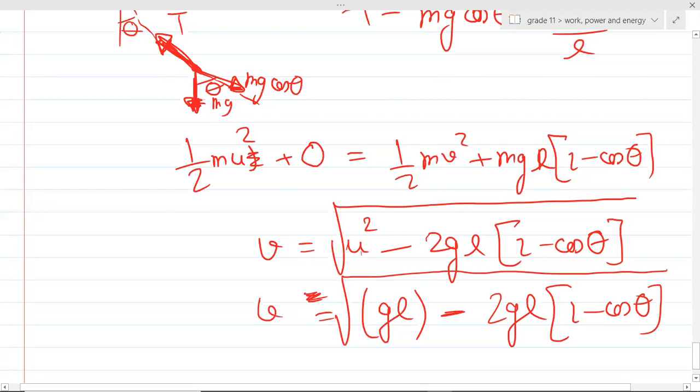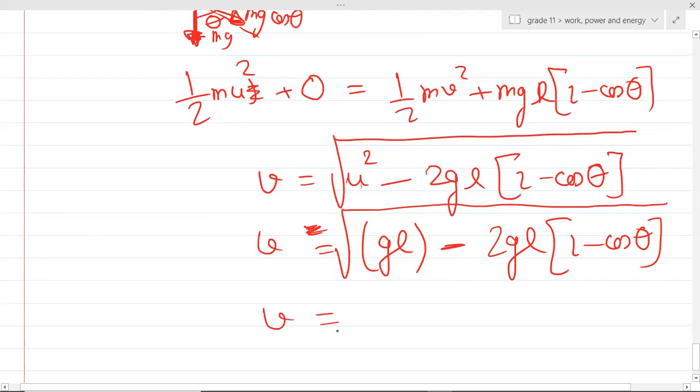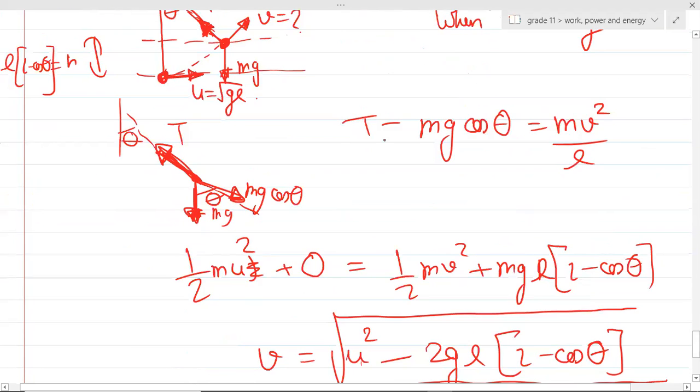Can you find the velocity in terms of theta? I can put this v over here and I can get my answer.